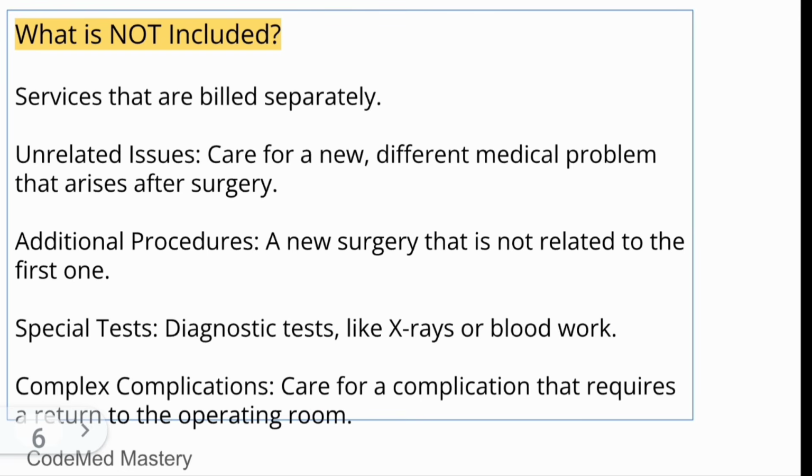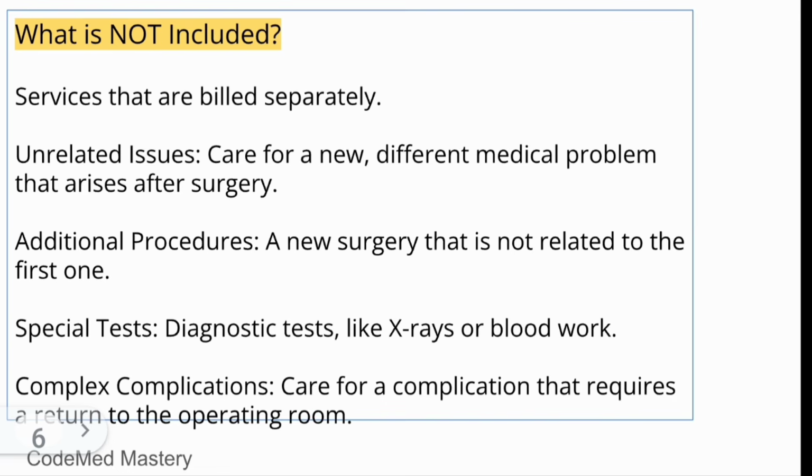This is not included in Global Surgical Period. And special tests. For example, diagnostic tests like X-ray or blood work are not included in Global Surgical Period. And complex complications. For example, care for a complication that requires a return to the operating room. So all these services are not included in Global Surgical Period.